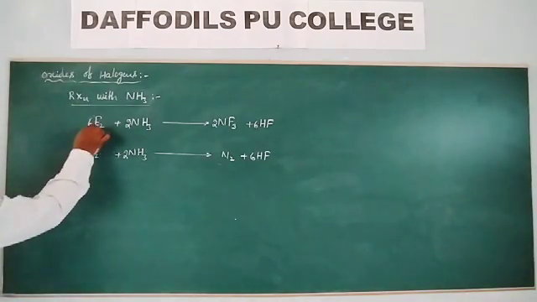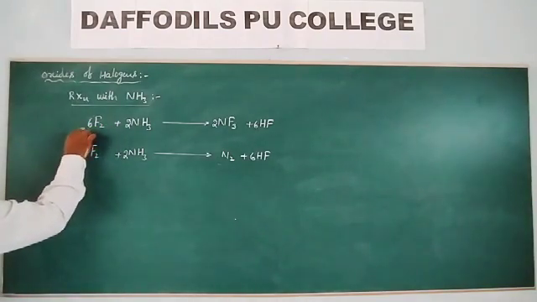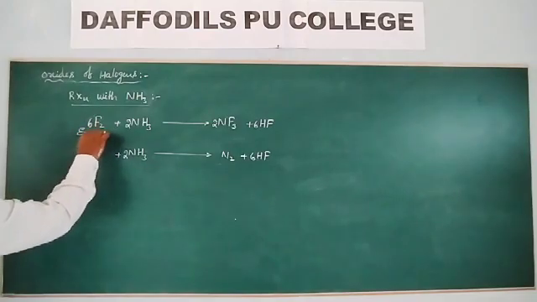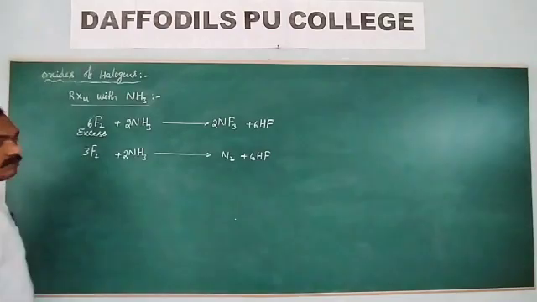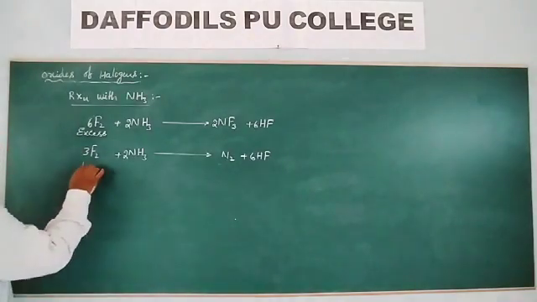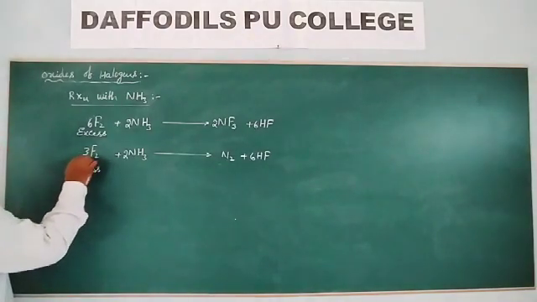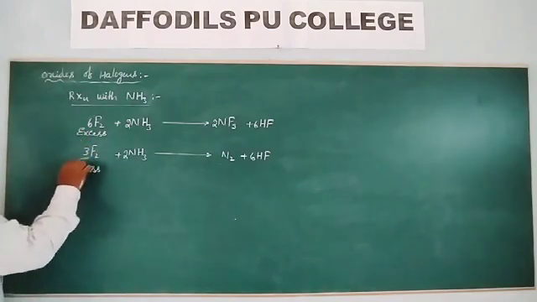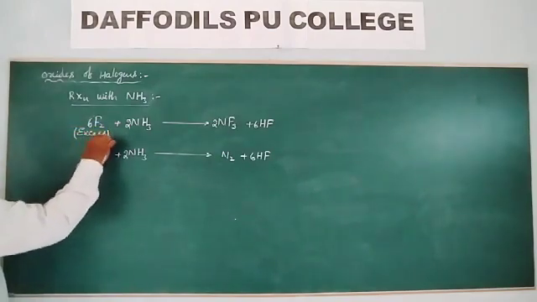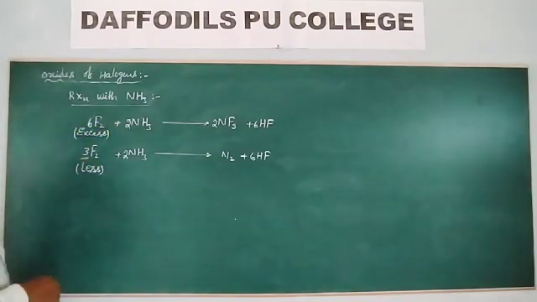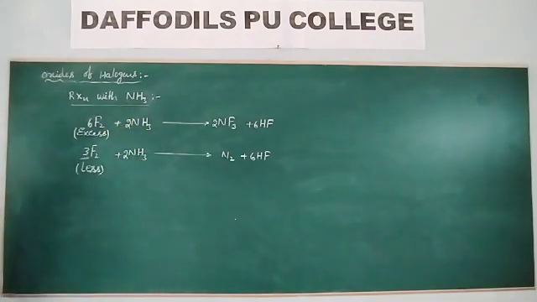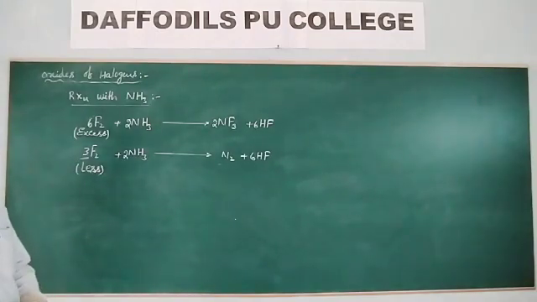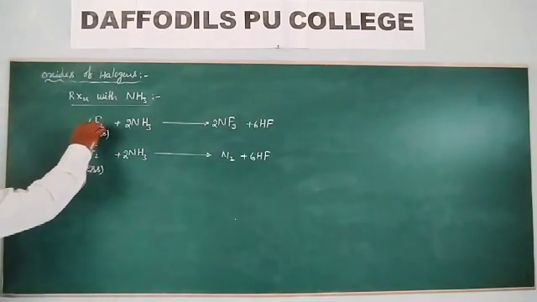So with excess of fluorine, you will get NF3. With less amounts of fluorine, here the number of moles of fluorine is 3 only. Ammonia number of moles does not change, so we have to observe the number of moles of fluorine.